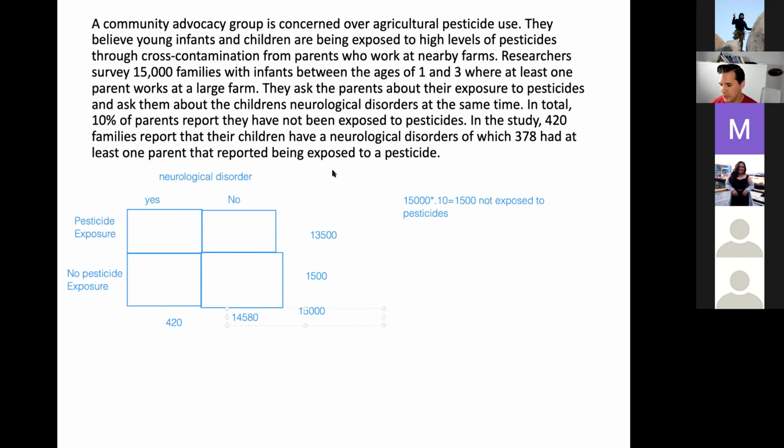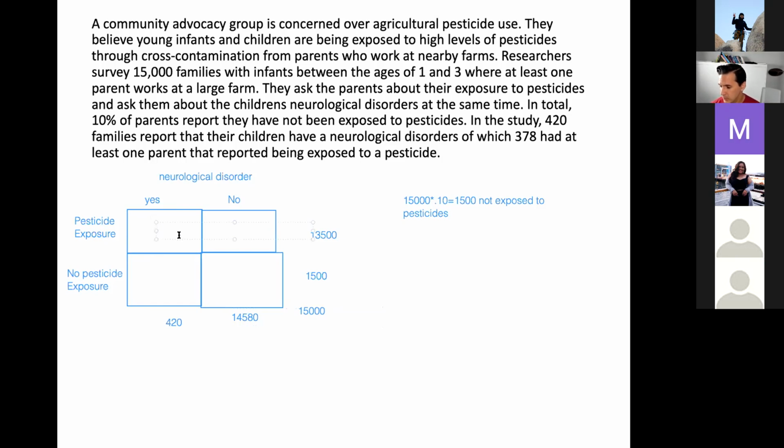And then it says, of those 420, 378 had at least one parent that reported being exposed to a pesticide. So where does that 378 go? A.